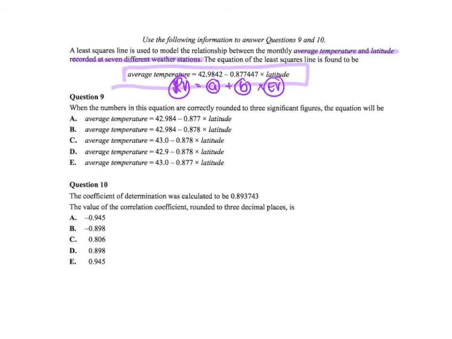So when the numbers in this equation are correctly rounded, oh good, we've got some rounding practice, to 3 significant figures, the equation will be, so let's go look, this would be 1, 2, 3, so that means that's got to go up. We did this one the other day, didn't we? 43, so I'm going to get rid of anything that doesn't say 43.0.